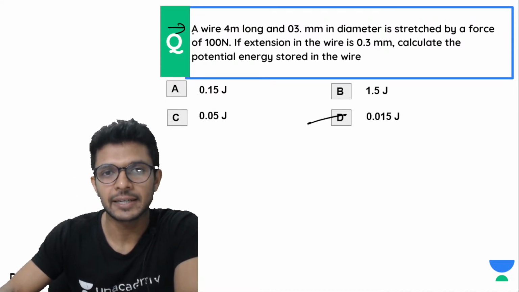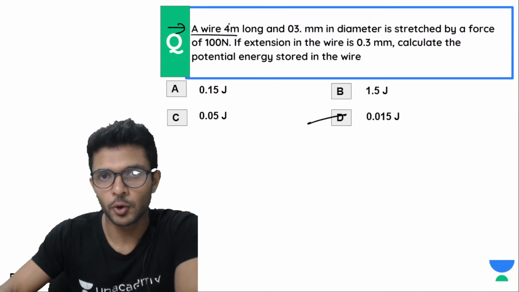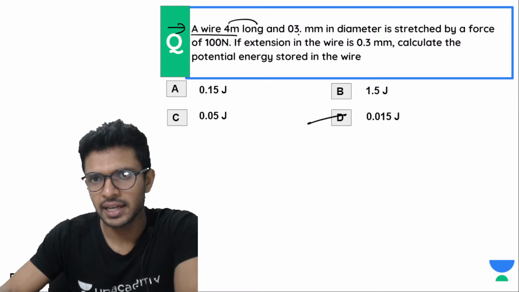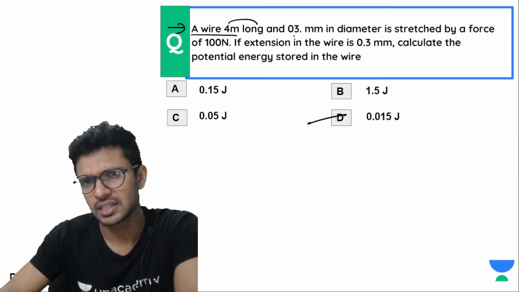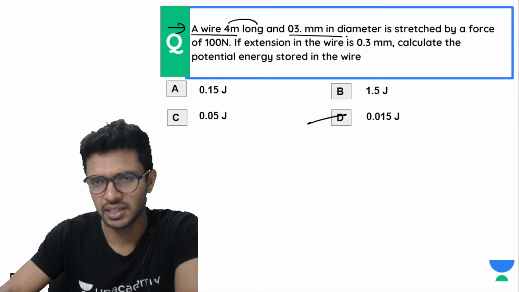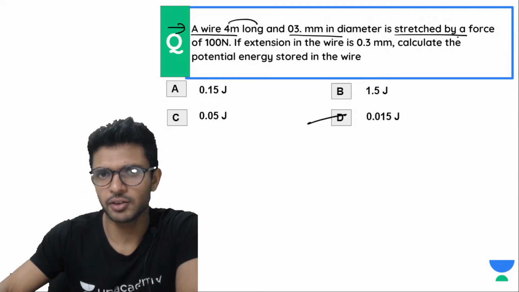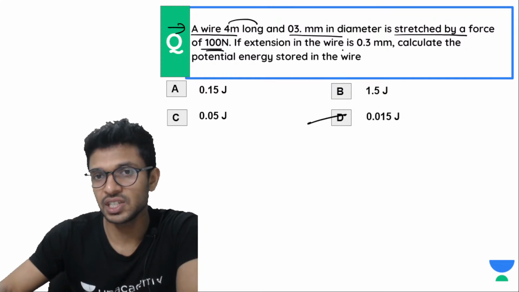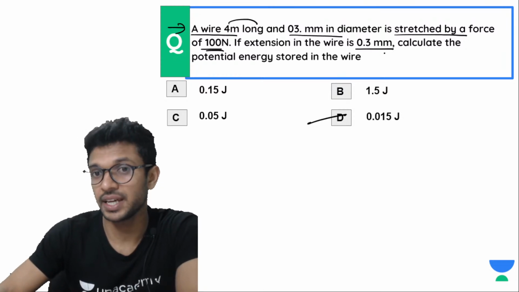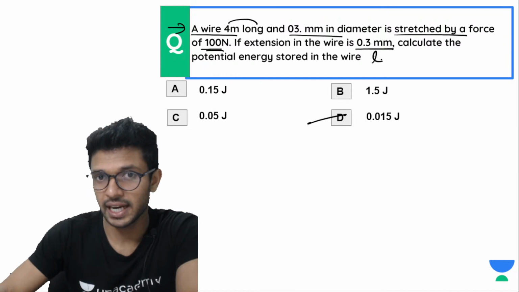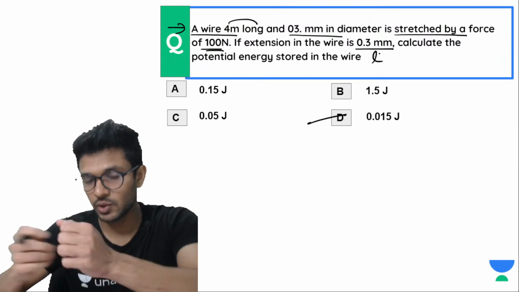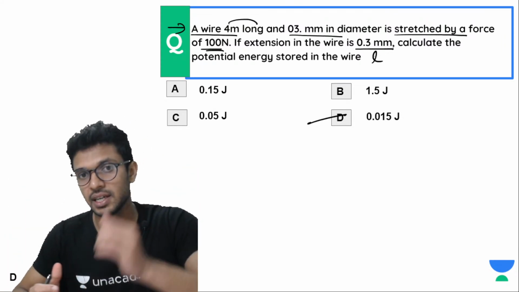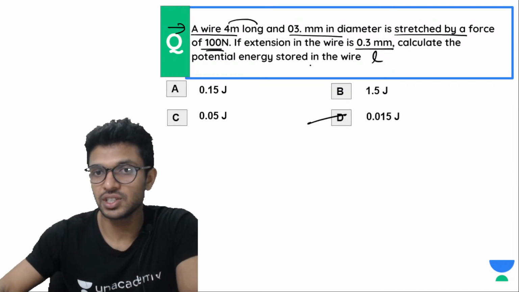Look. A wire 4 meter long and 3 millimeter in diameter is stretched by a force of 100 Newton. If the extension in the wire is 0.3, extension meaning small l, the amount by which it has extended, calculate the potential energy stored in the wire.